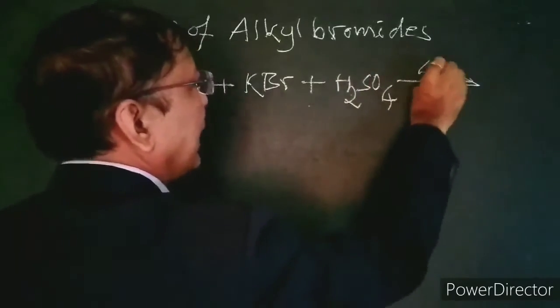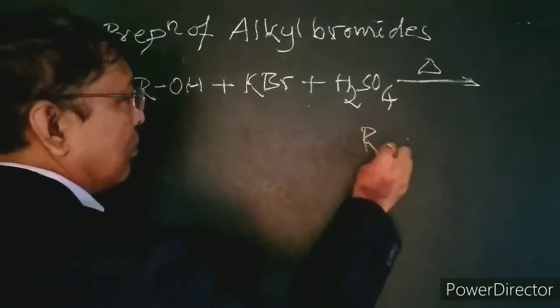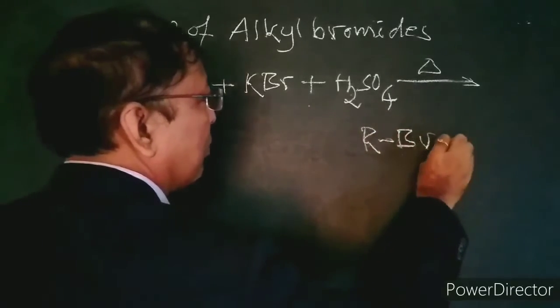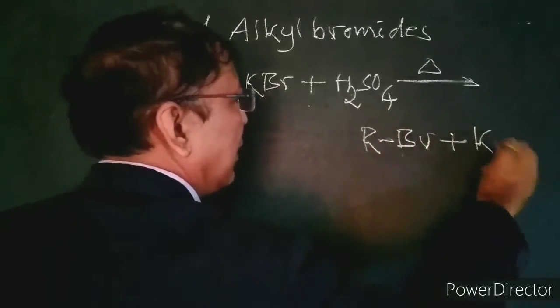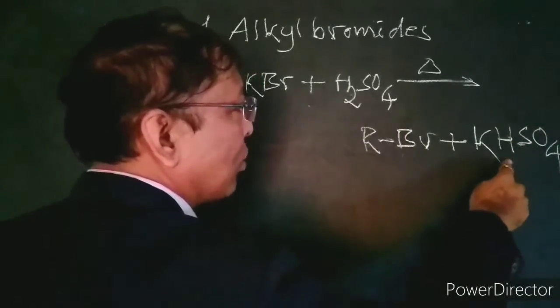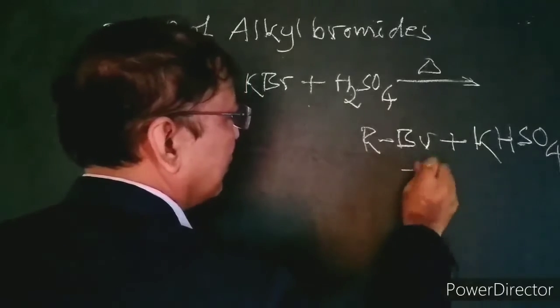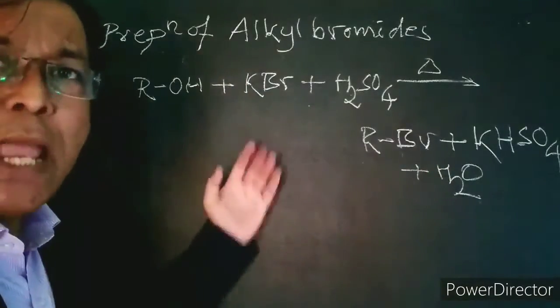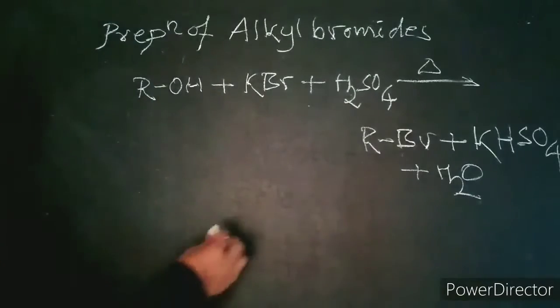When it is heated, we get the product alkyl bromide plus KHSO4, potassium hydrogen sulfate, plus H2O. How does this reaction take place? I will explain the mechanism.